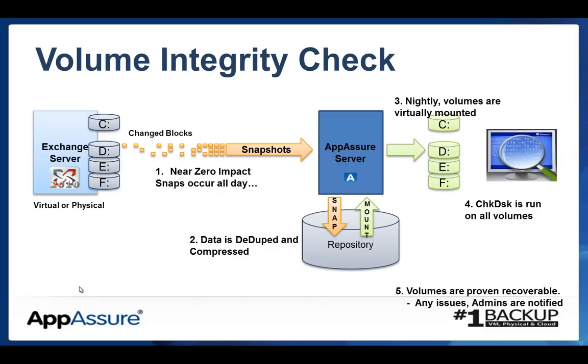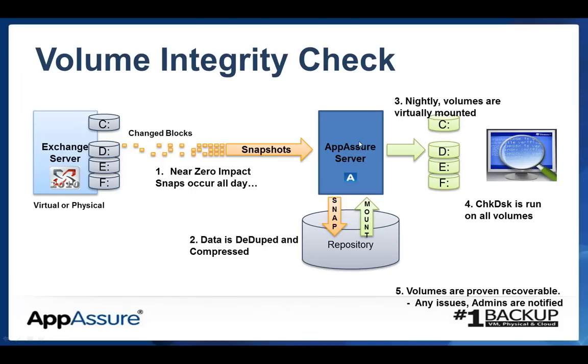So what does the process look like? Well, for the next several screens, you're going to see this similar model. For 1 and 2, which is just taking a server and backing up its data by getting the change blocks, there's no additional work, zero impact. Snaps happen as often as every 5 minutes.